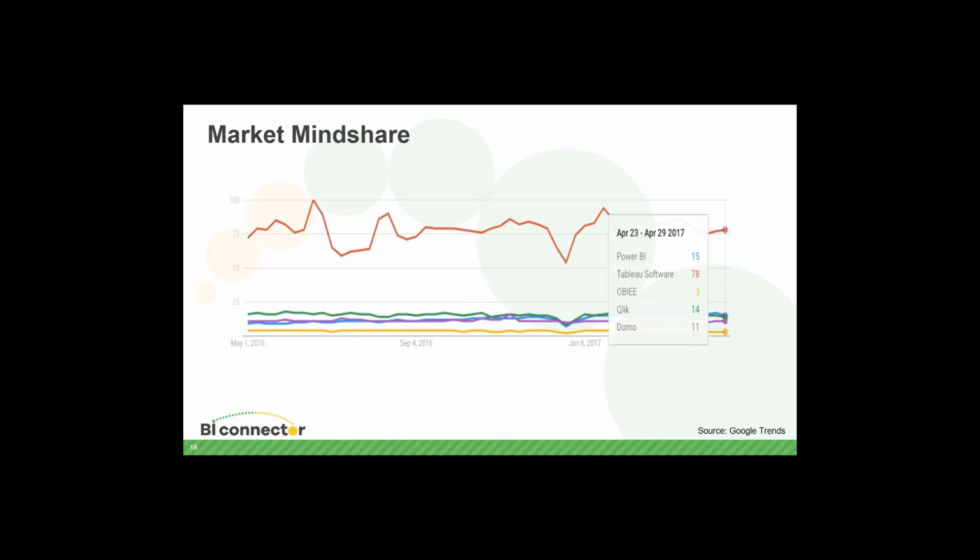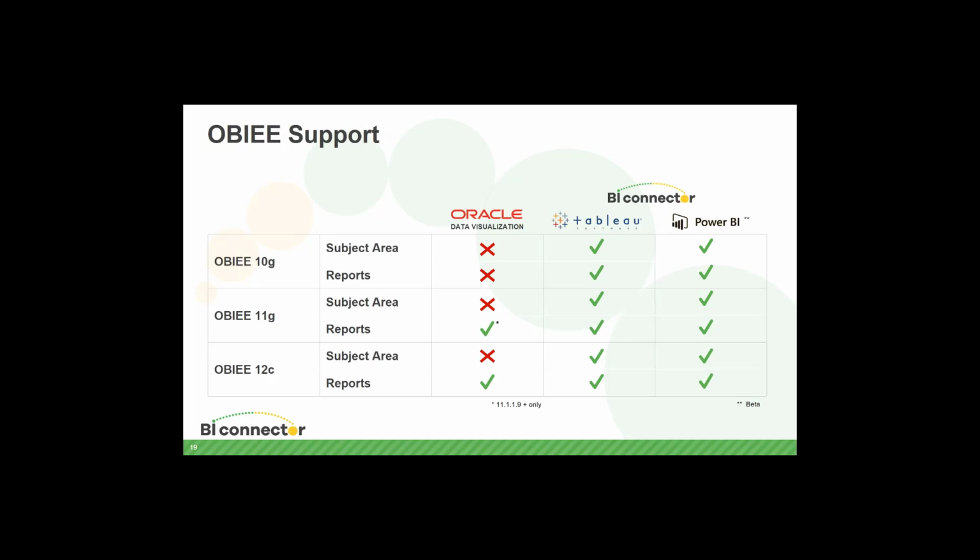Now let's look at the key important factor, support for OBIEE connectivity. Here you can see Oracle Data Visualization versus Tableau versus Power BI. With Tableau and Power BI, you can connect to OBIEE using BI Connector. In the case of Oracle Data Visualization, you need to be at least on 11.1.1.9 on OBIEE in order to connect to the reports.